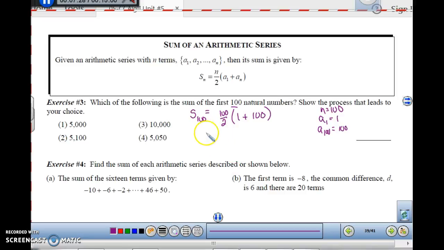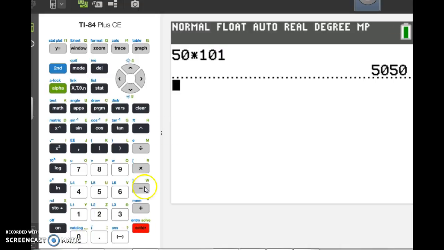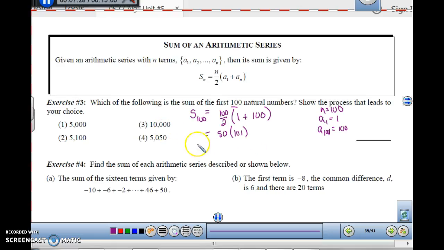Okay, so to figure out the sum of those numbers, if I added from 1 to 100 as natural numbers, 100 divided by 2 is 50, 1 plus 100 is 101, and then 50 times 101 is 5,050. So s of 100 is equal to 5,050.